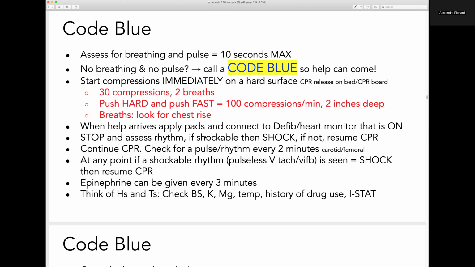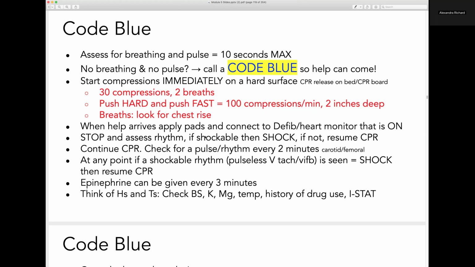Okay? 30 compressions to 2 breaths. So you give 30 compressions, then you give 2 breaths. Then you give 30 compressions, and you give 2 breaths. You do that for a total of 2 minutes.